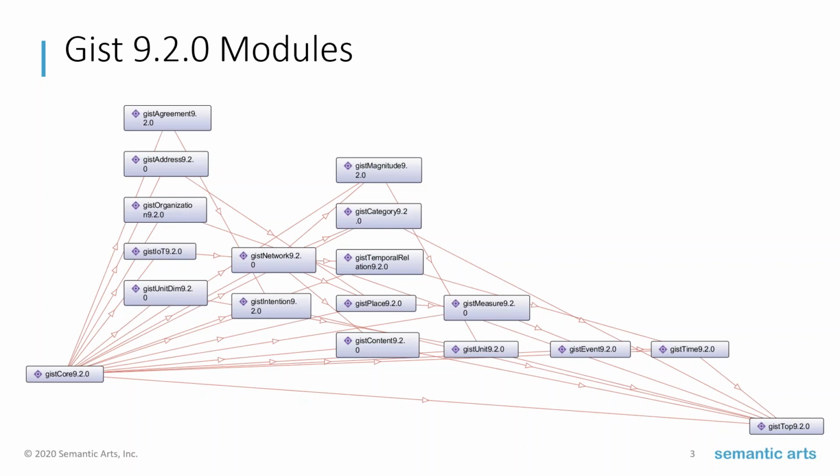Right, but you're still bringing in a whole lot of stuff that supports those other modules. That's correct. Even if all you're trying to do is units and measures, you're still getting a whole lot of other stuff that underpins those other modules.